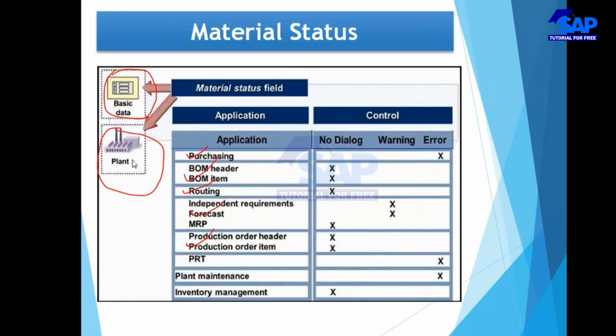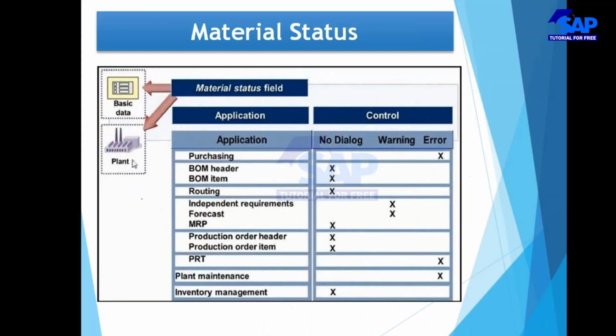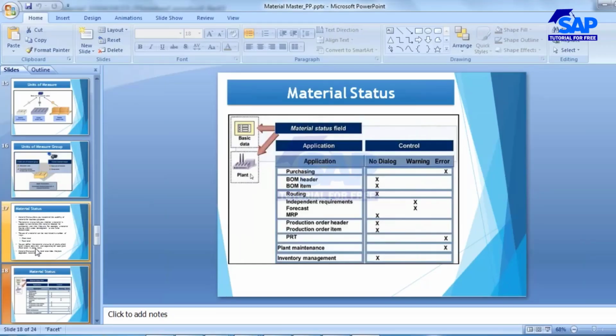MRP, production. So for these applications, you will maintain whether this particular material has to be used or not. Normally you will maintain this in the configuration, and then that material status key you will assign in the respective views. So this is the material status.